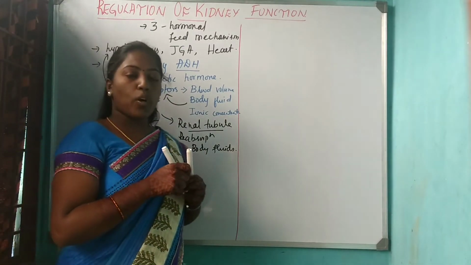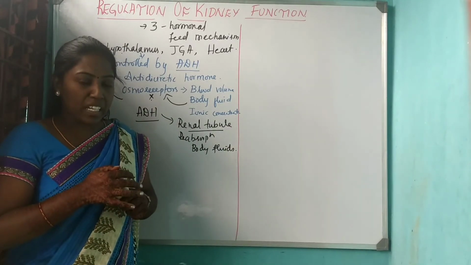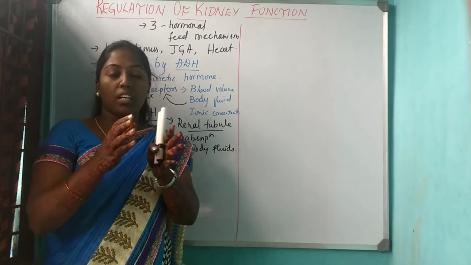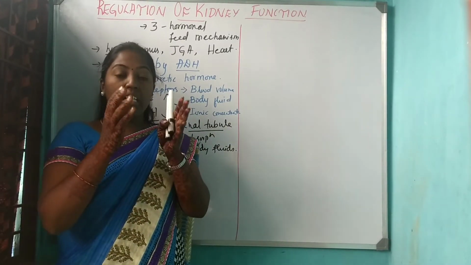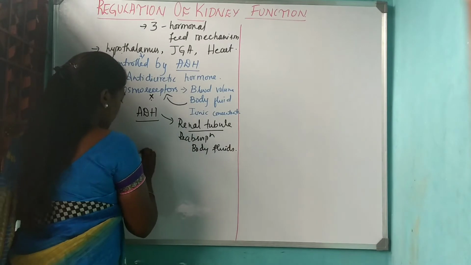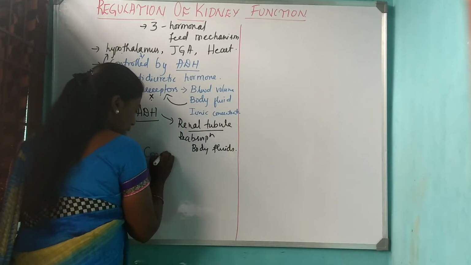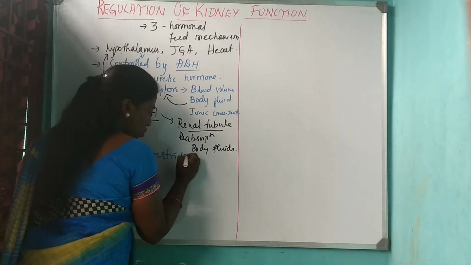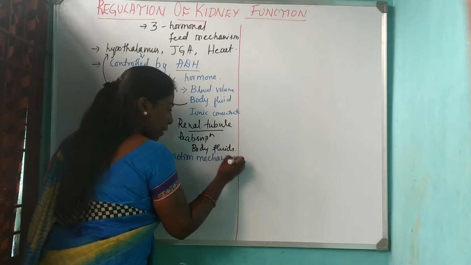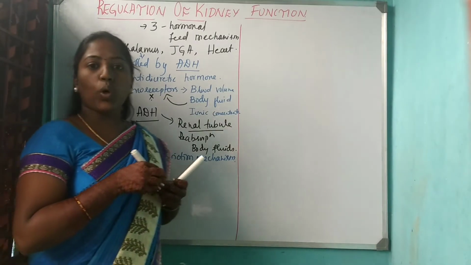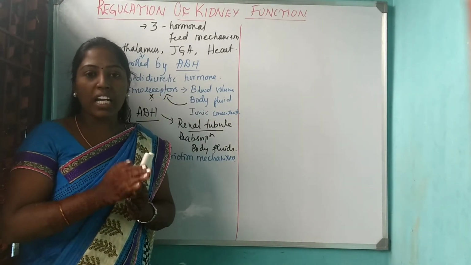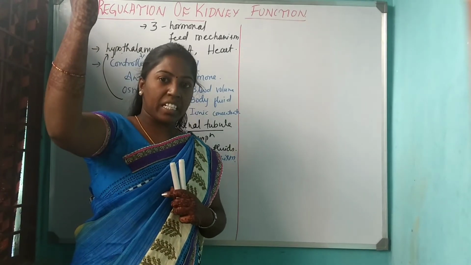In another way also, the hypothalamus or ADH can control the functioning of the kidneys, and that is by a constriction mechanism. It acts on the blood vessels and constricts them so that the blood pressure increases.